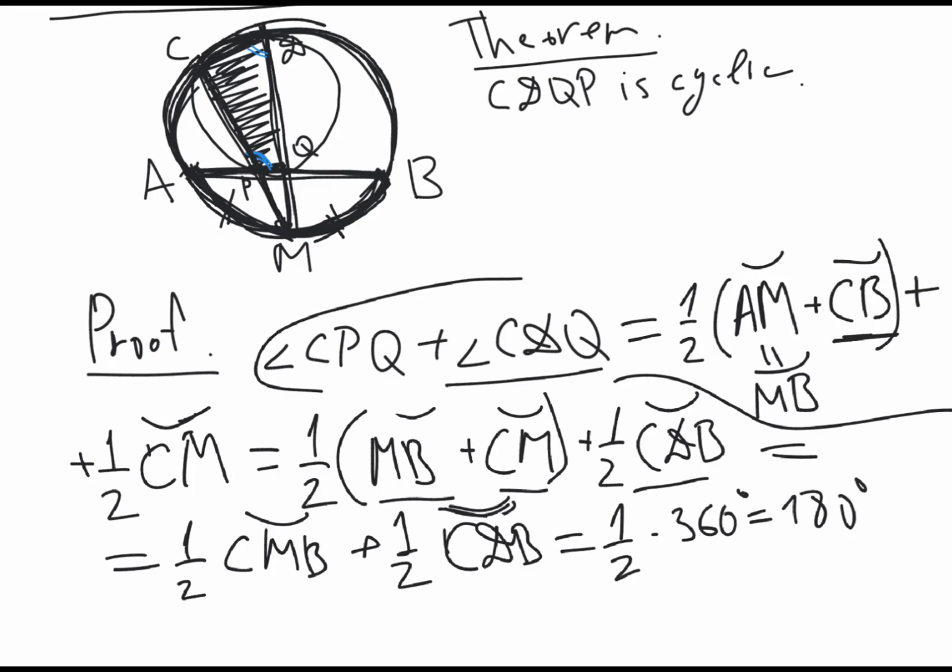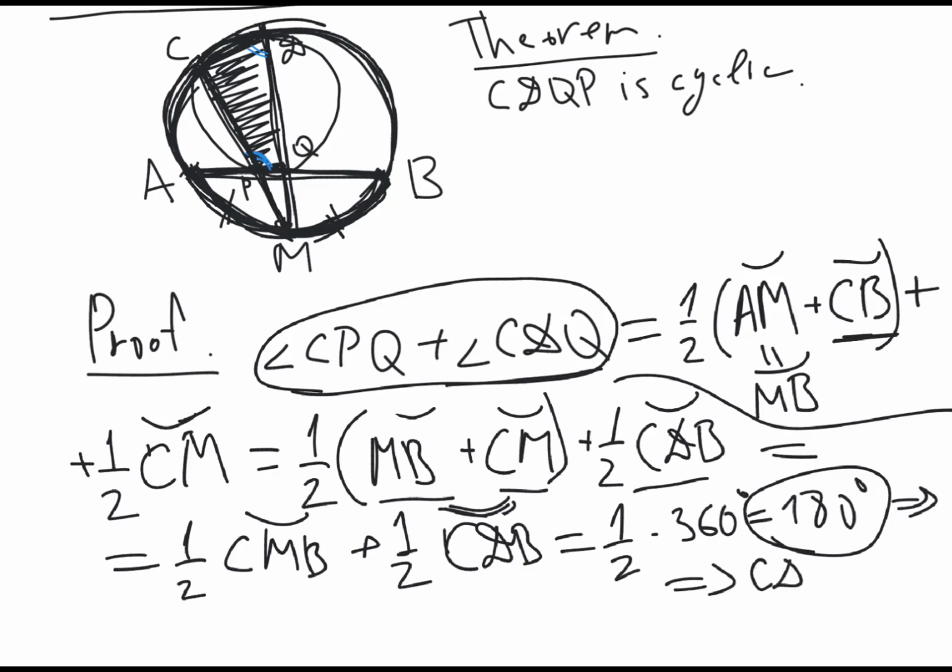So the sum of these two angles is equal to 180, which immediately implies that CDQP is cyclic, which concludes the proof.